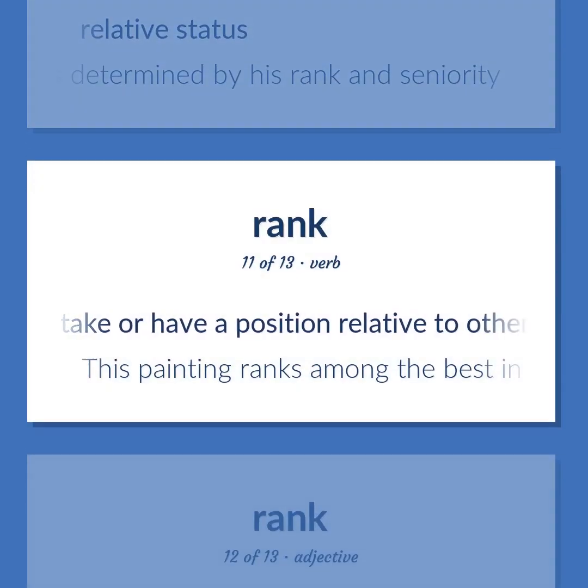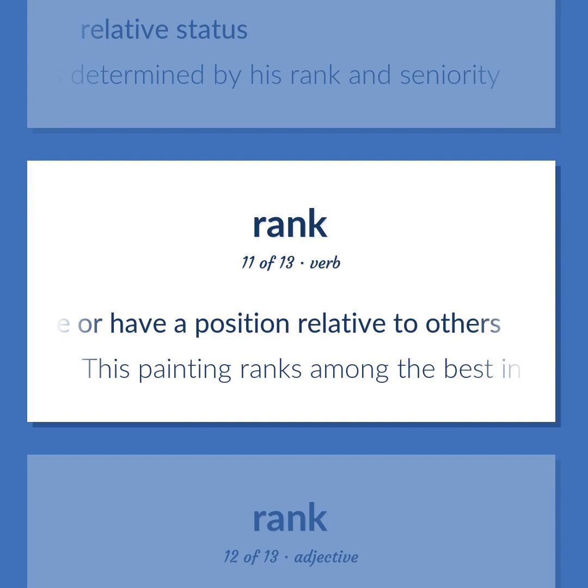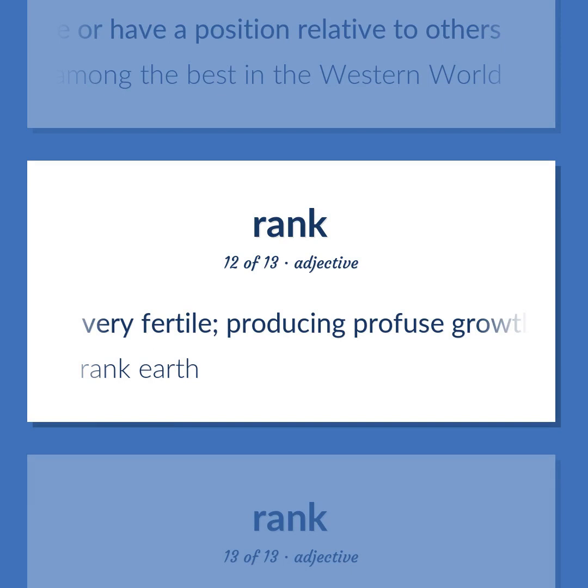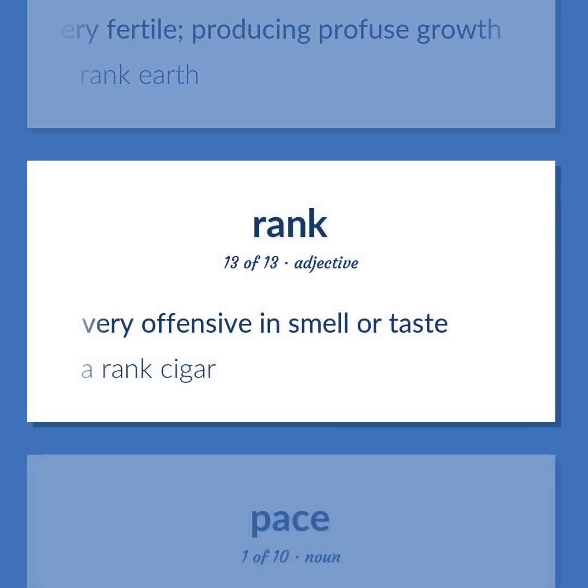Take or have a position relative to others. This painting ranks among the best in the Western world. Very fertile, producing profuse growth. Rank earth. Very offensive in smell or taste. A rank cigar.